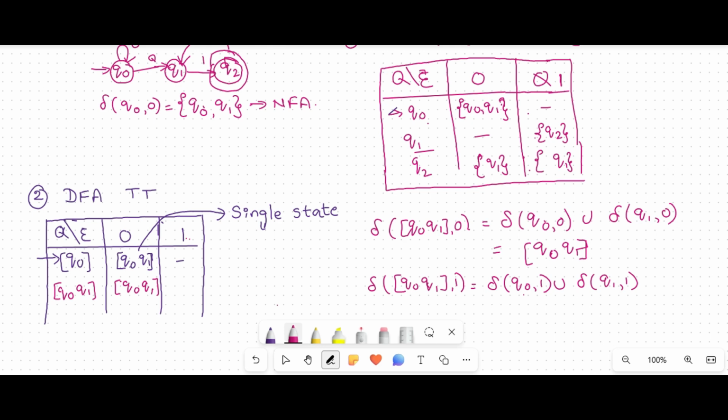Q1 with 1, there is a transition to Q2. So Q0 Q1 with 1 is Q2. Next, observe the right hand side. Check whether these states are present on the left side or not. Q0 Q1 is already present. Q2 is not present.